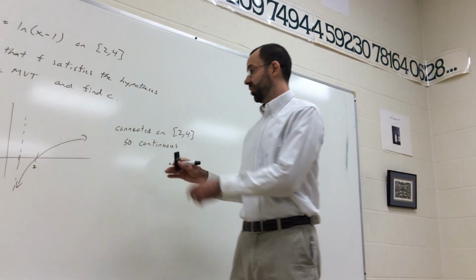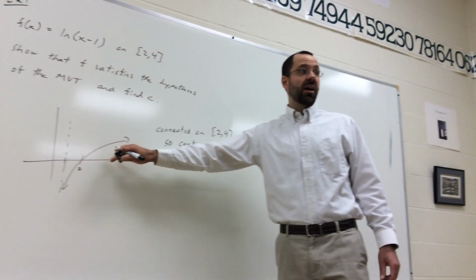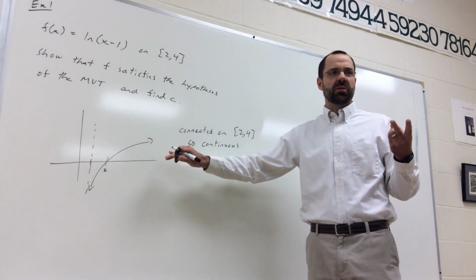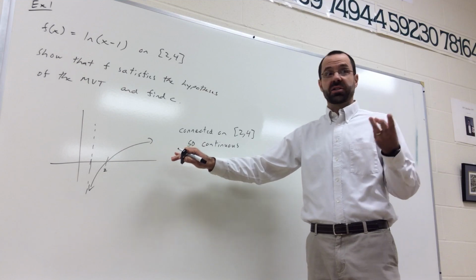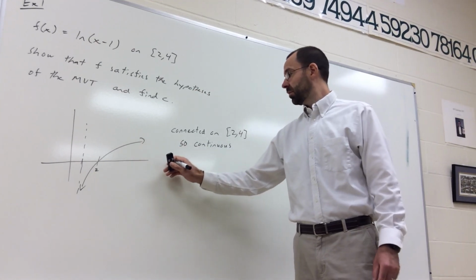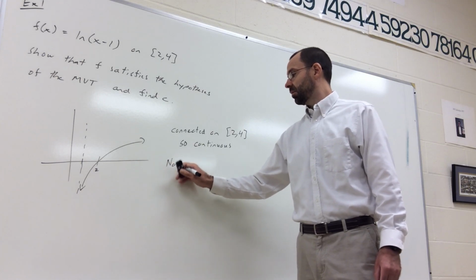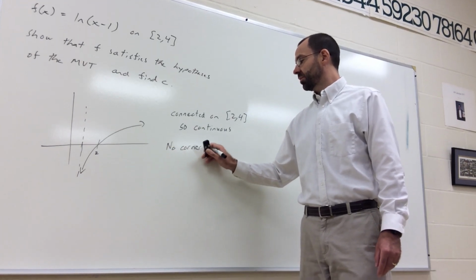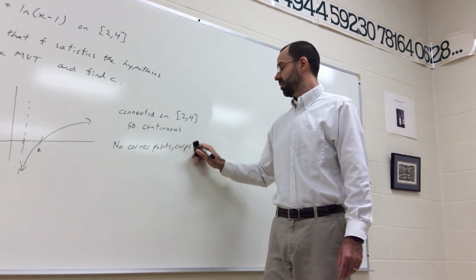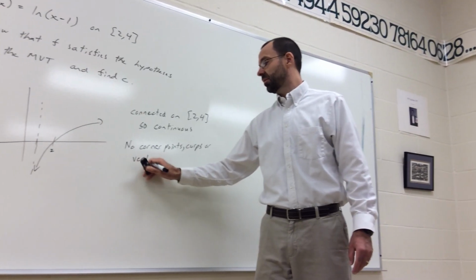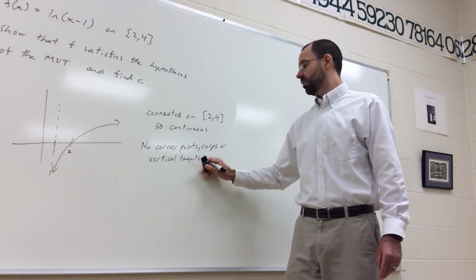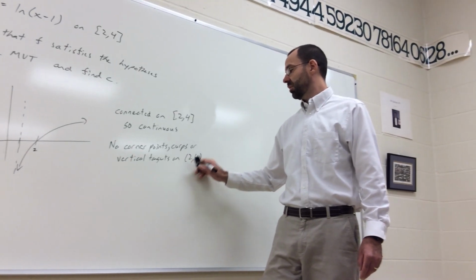All right, and then also, if you look at this graph, there's no corner points, no vertical tangents, and what's the third one? No cusps. Good. So that means it's differentiable on (2, 4). So no corner points, cusps, or vertical tangents on (2, 4).